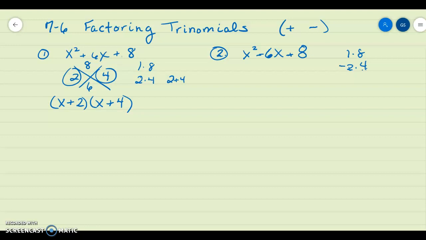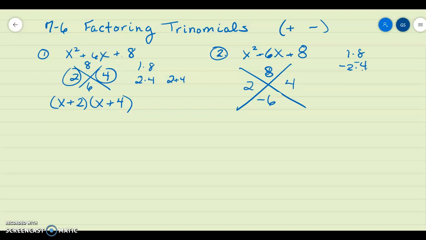We're going to change the signs. I should have put this in the box, sorry. This is 8, and this is negative 6. And so we said it's going to be a 2 and a 4 because 2 plus 4 equals 6. But we have to change the signs.